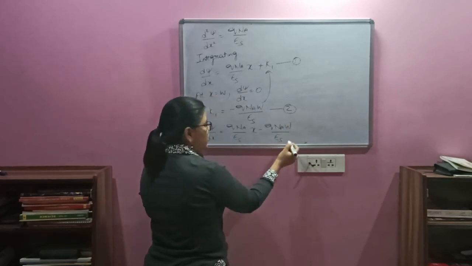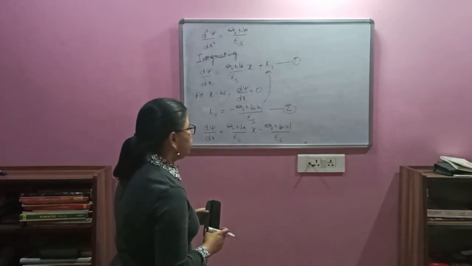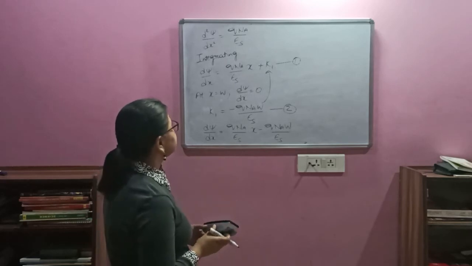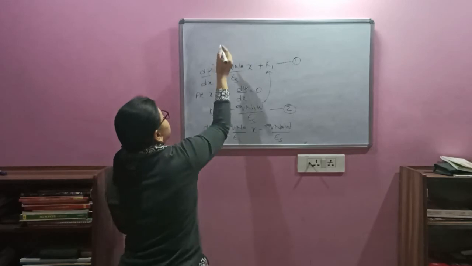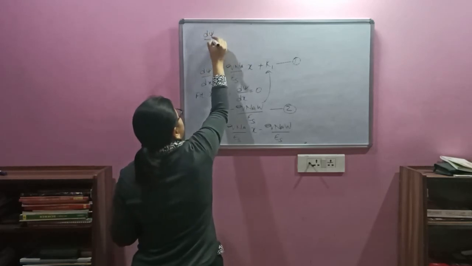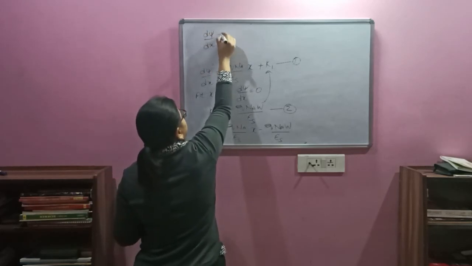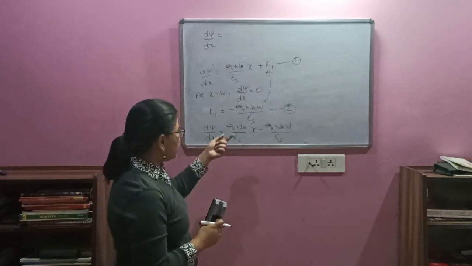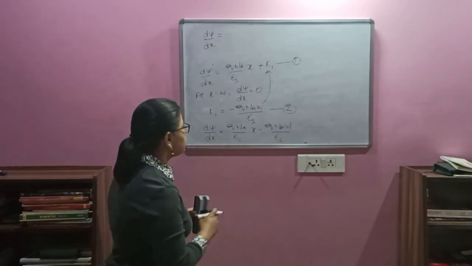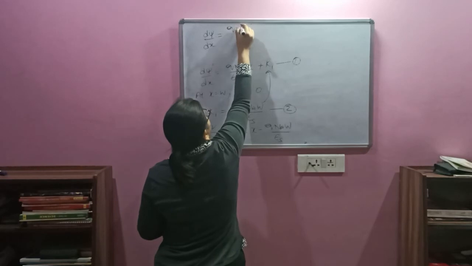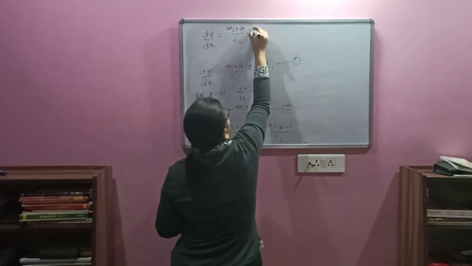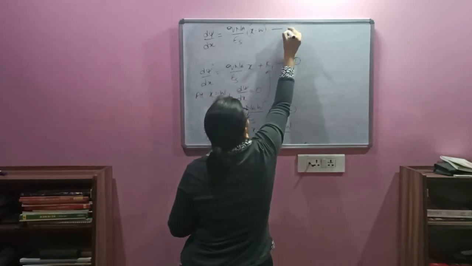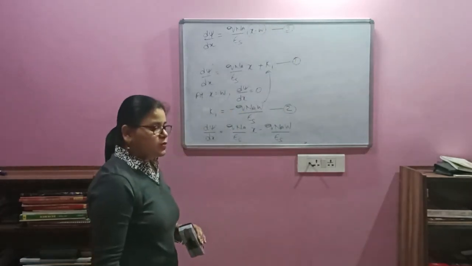So this is basically the value of k1. Now rearranging this equation, d psi by dx is equal to, taking q Na by epsilon s as a common term, I am left with x minus w. So this is my third equation.